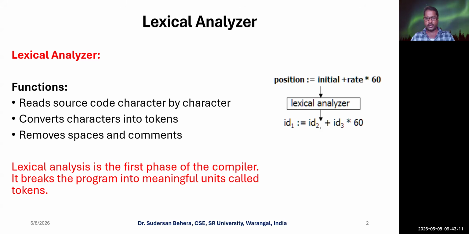It collects all the tokens. Identifier 1 is a token, plus is a token, equal symbol is a token, 60 is a token, into is a token, identifier 2 is a token, identifier 3 is a token. It collects all the tokens from the symbol table, then it performs its task. That is the role of the syntax analyzer.